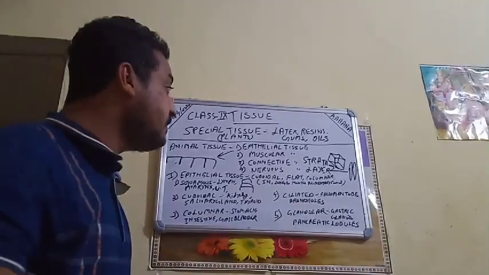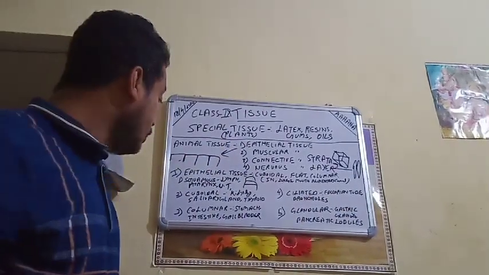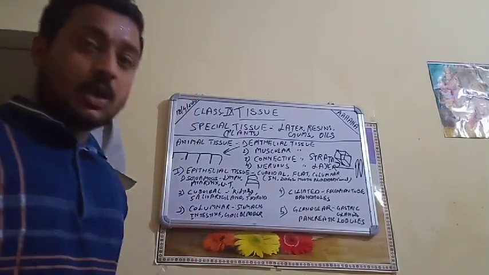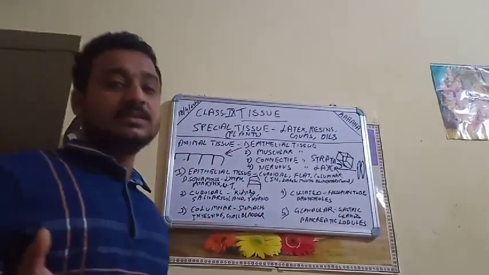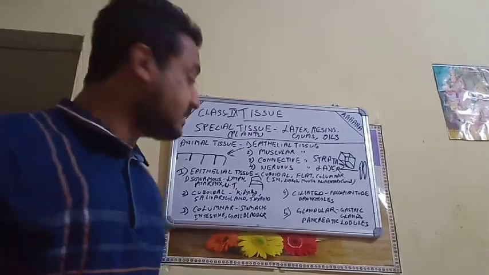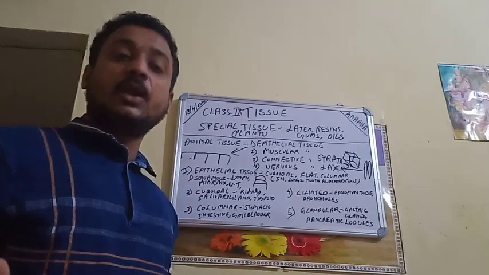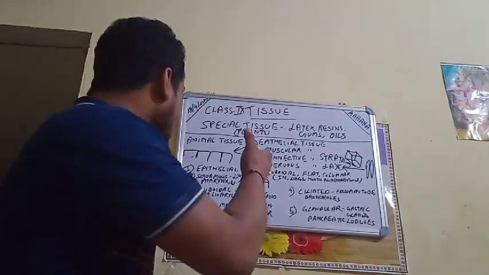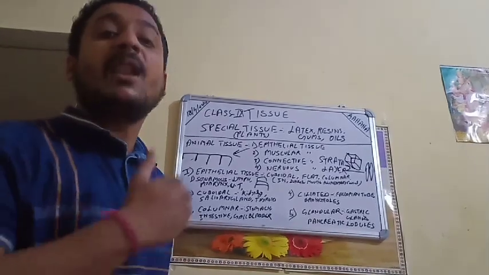Now, next is the columnar epithelium. The columnar epithelium is column in shape, like this, present in the stomach, intestine and gallbladder. So very nicely we can understand one thing. Since it is present in the stomach, it will try to digest the food and absorb the digested food. Since it is present in the intestine, it will not allow the intestine to malfunction.